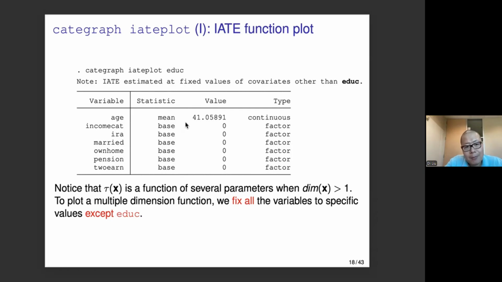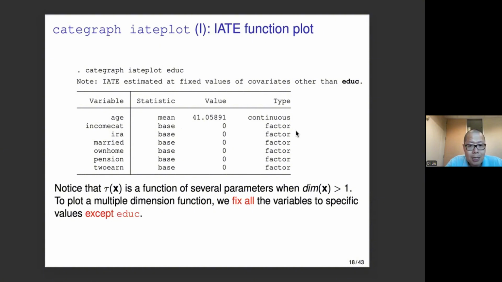So instead, with the ITE plot, we can plot that function by allowing 1 variable to change while fixing the values of the other variables. For example, I want to see how this function looks when education changes, when the other variables are fixed at some values.